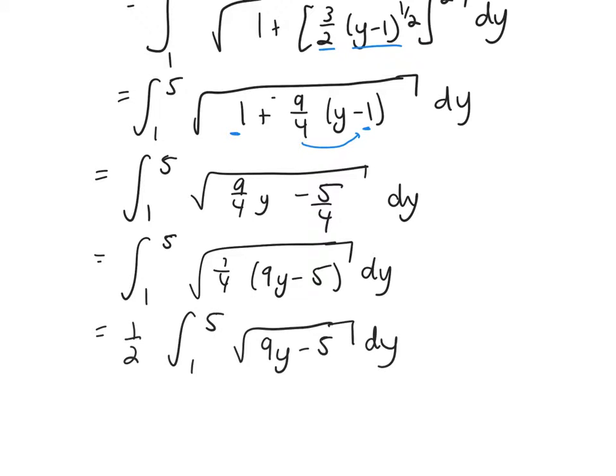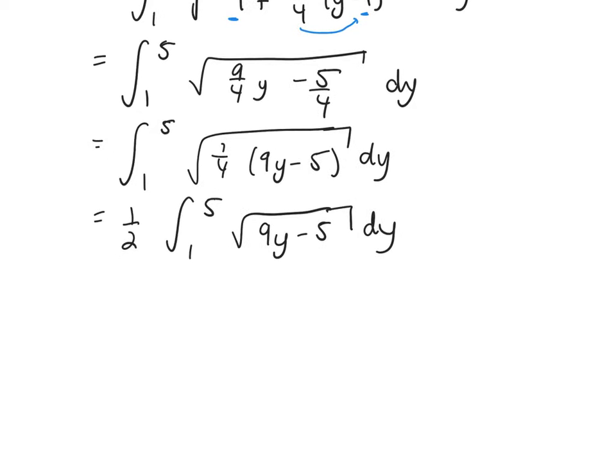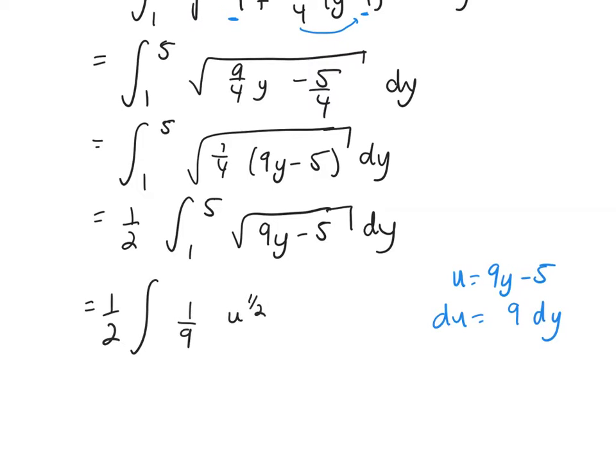And now we need to compute this integral. Luckily, it's pretty simple, so we can just use u substitution here. My u would be 9y minus 5. This will become, I need a 1/9, and I'll get u to the 1/2.